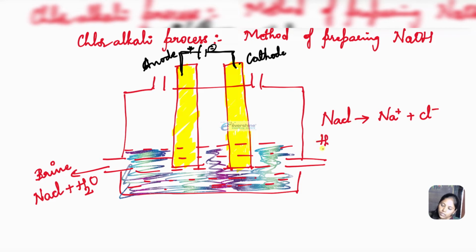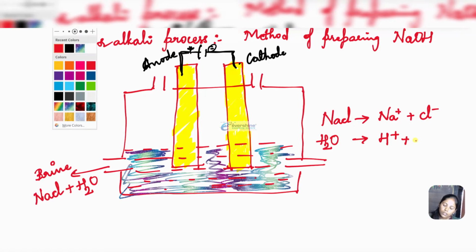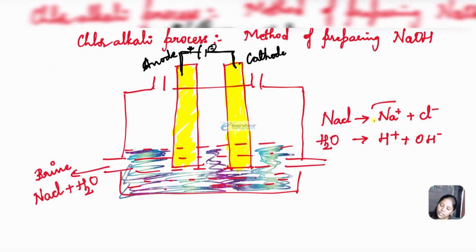H2O splits as H+ and OH-. And this Na+ and OH- combine to form NaOH, which can be taken out by another outlet.